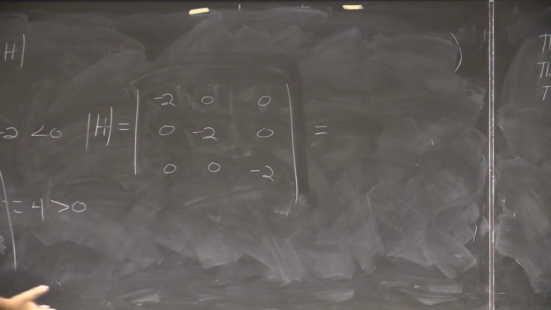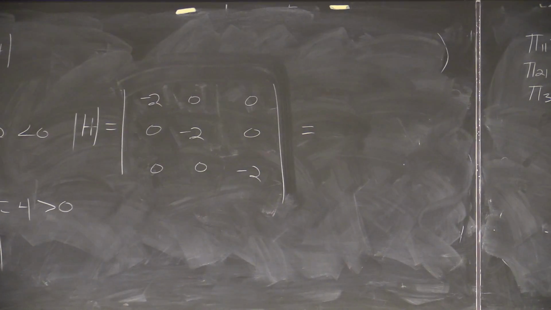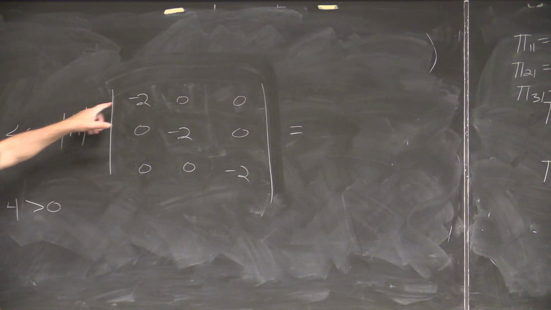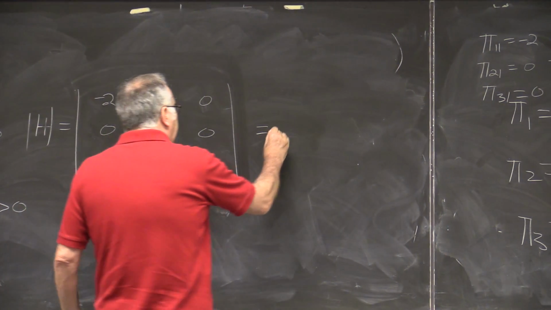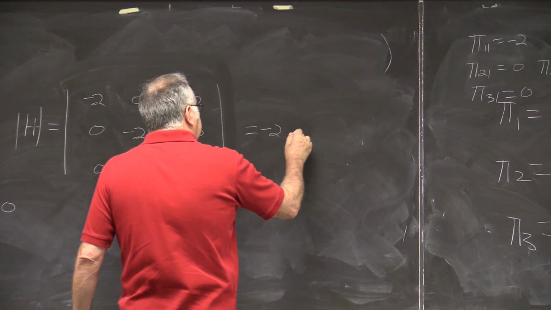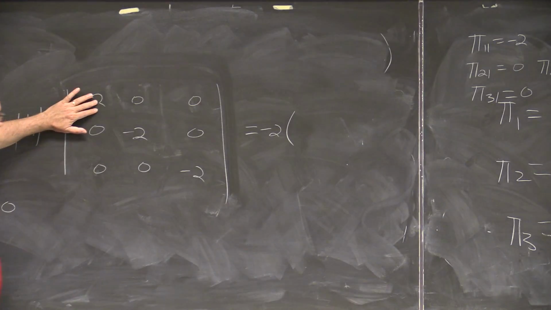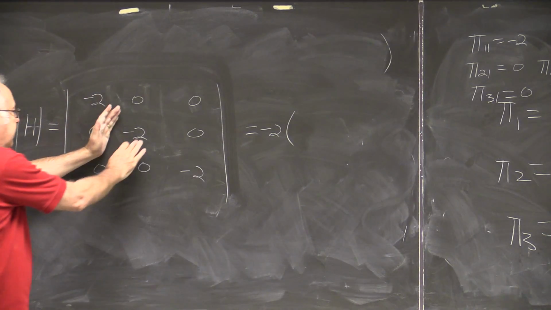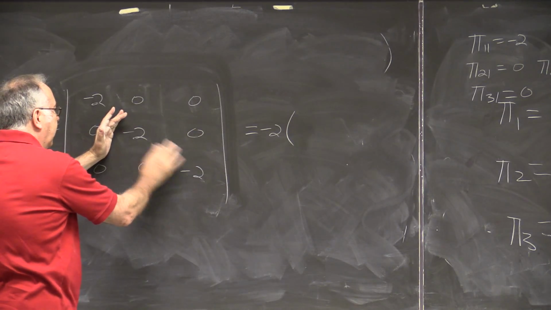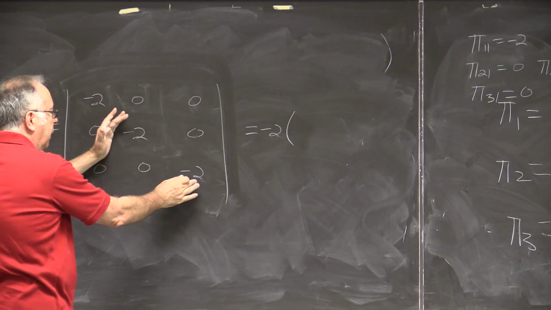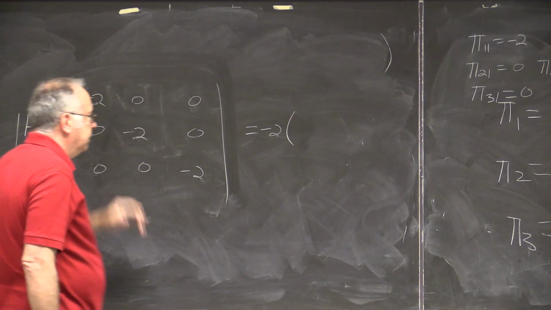And H and H3, same thing. Okay. So expand across the first row. You take minus 2 times its minor. And what is the minor of this element right here? It's going to be minus 2, 0, 0. Yes, we have these 4 elements. And what is this minor equal to? We just calculate that to be 4.